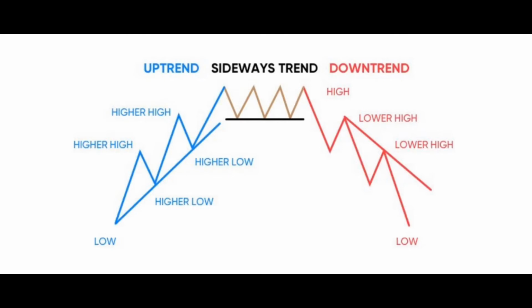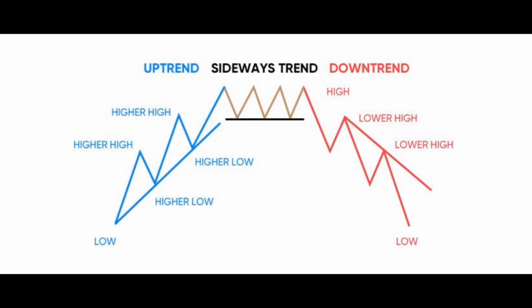For the sideways trend, it is best to ignore it if you don't want to trade it. But if you feel you are good enough to trade it, then of course you can, but you need to be careful when trading such trends. To be on the safer side, you should be looking for uptrends and downtrends to trade.